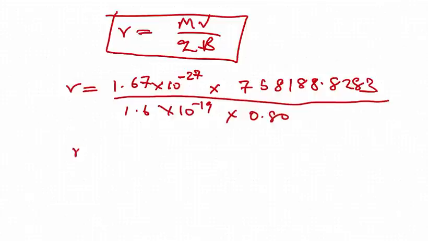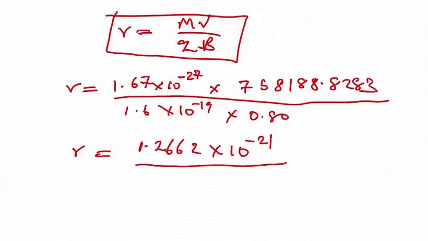Simplifying this, the mass of the proton multiplied by the speed gives 1.2662 times 10 power minus 21, divided by the charge multiplied by the magnetic field, which is 1.28 times 10 power minus 19.